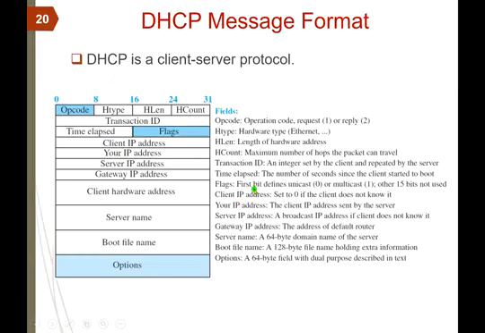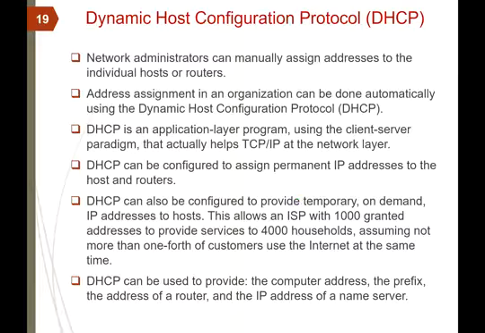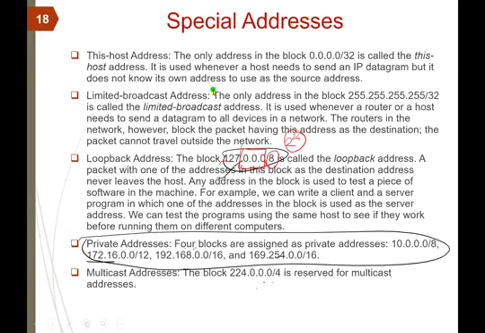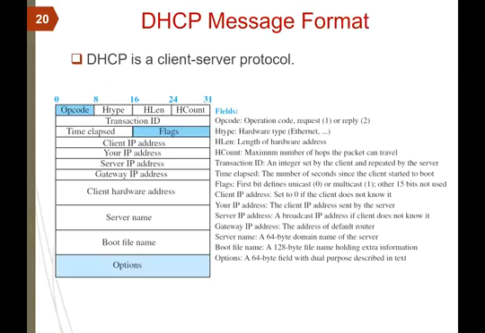Client IP address. If you don't know your IP address, you'll use 0, which means this IP address. Because you don't know your IP, you use 0, okay? First time when you send a request. Your IP address, the client IP address, is sent by the server. So when the server replies, it will tell the client that sent this request, this is your IP address that you can use.